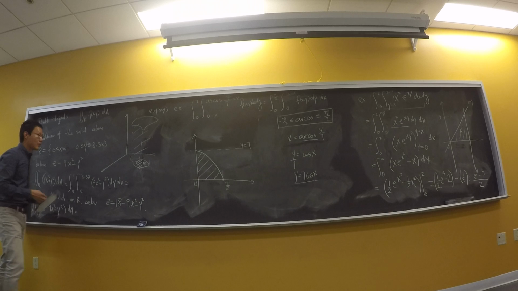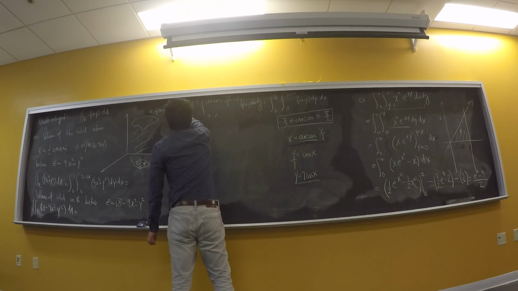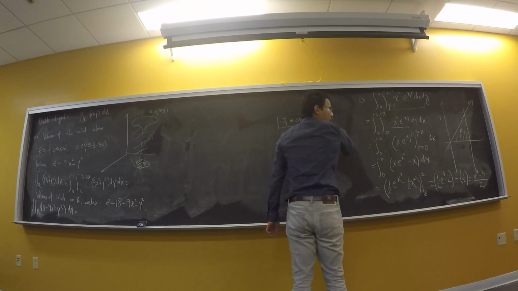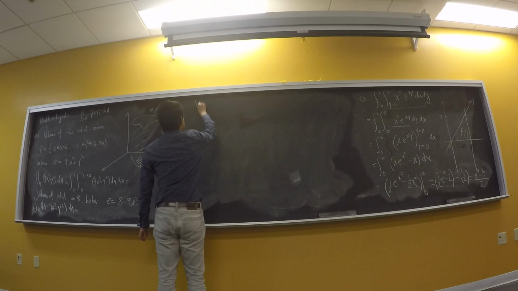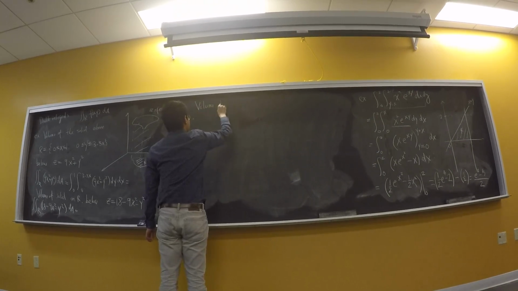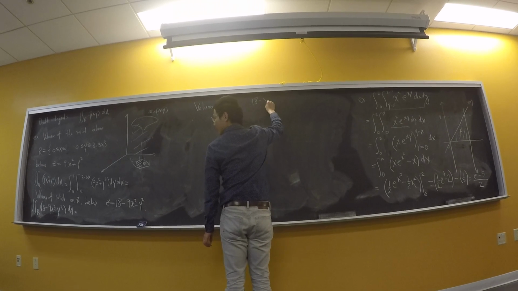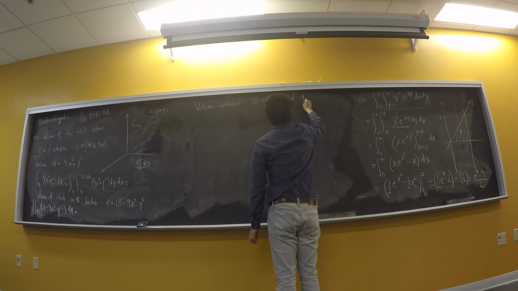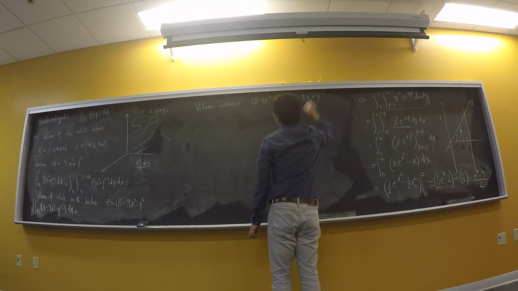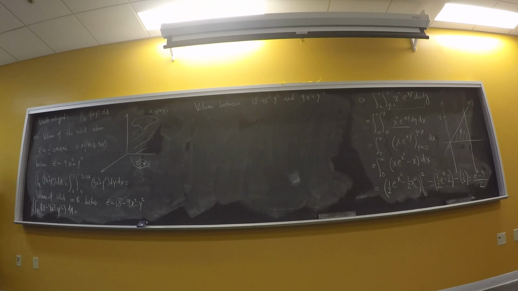I want to find the volume between these two surfaces above the region R. Then you need to find the difference between these two, right? The only problem is which one should I take as the function to subtract?